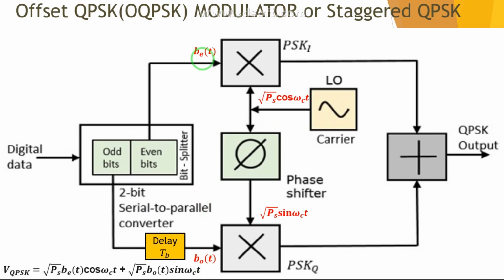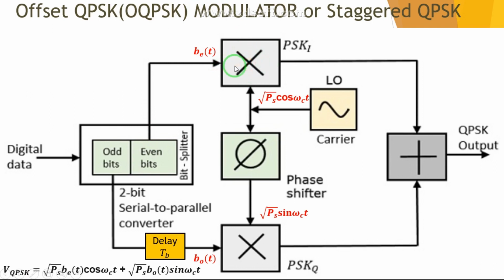The bit stream b_e(t) consists of only the even-numbered bits, that is 2, 4, 6, 8, and so on. All the even-numbered bits go to this multiplier.